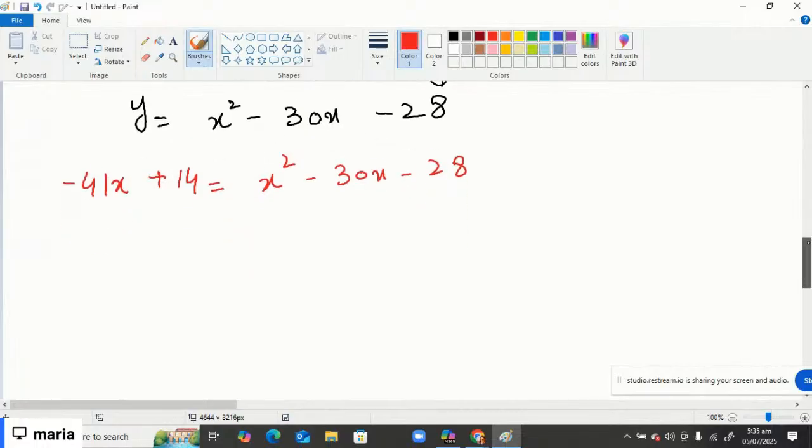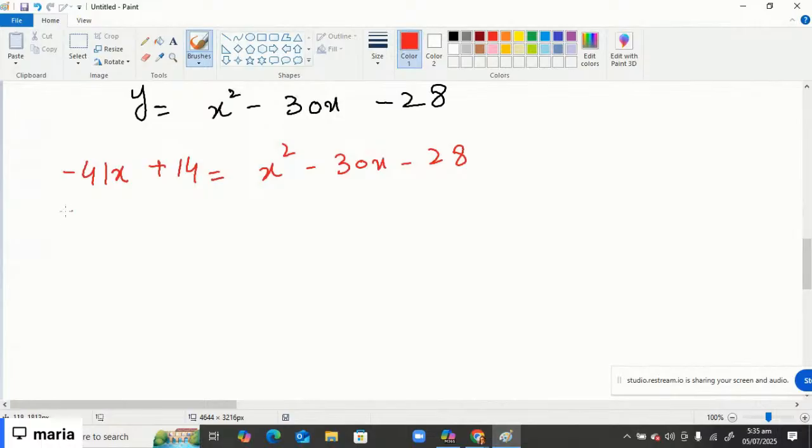Combining the x terms together, constant terms together. So minus 41x, and this 30x is moving, so this becomes plus 30x, is equals to x square minus 28 minus 14. 14 is also changing its sign.